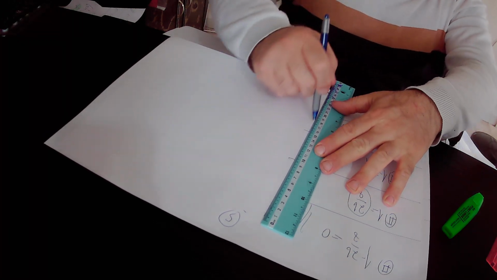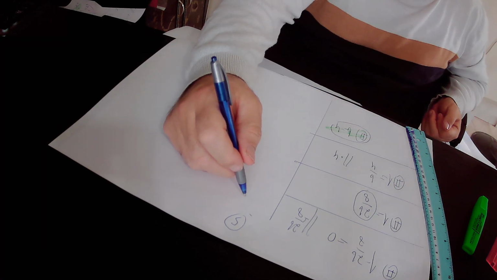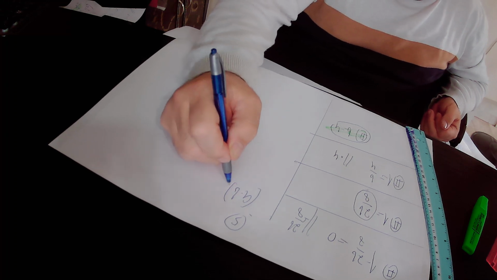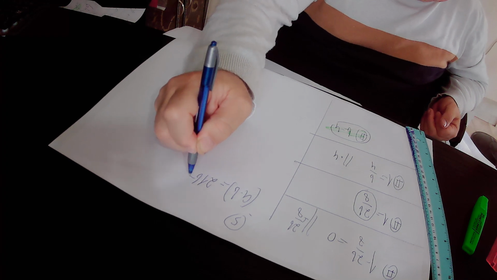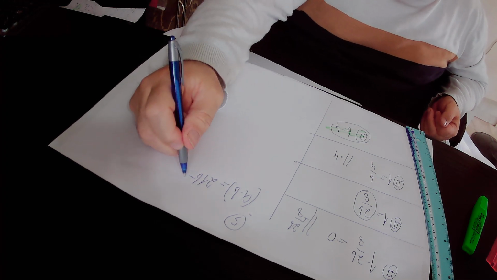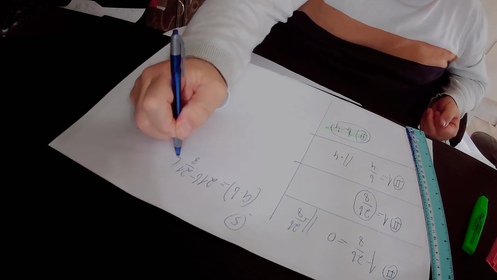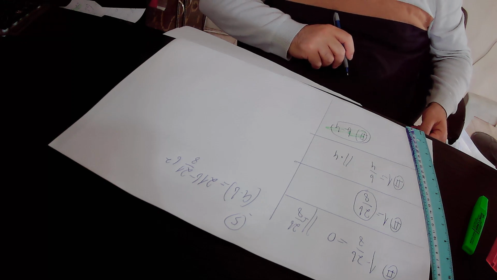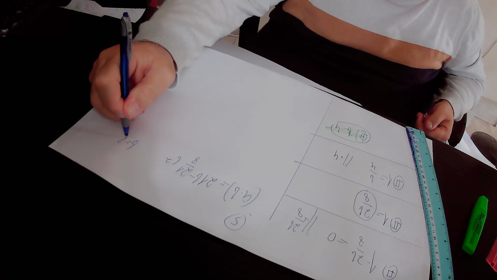So the area function of rectangle PQST is a times b. a times b is the area, and the area equals 21b minus 21 over 8 times b squared. And we just have to substitute b by 4 because b is the maximum extreme point.